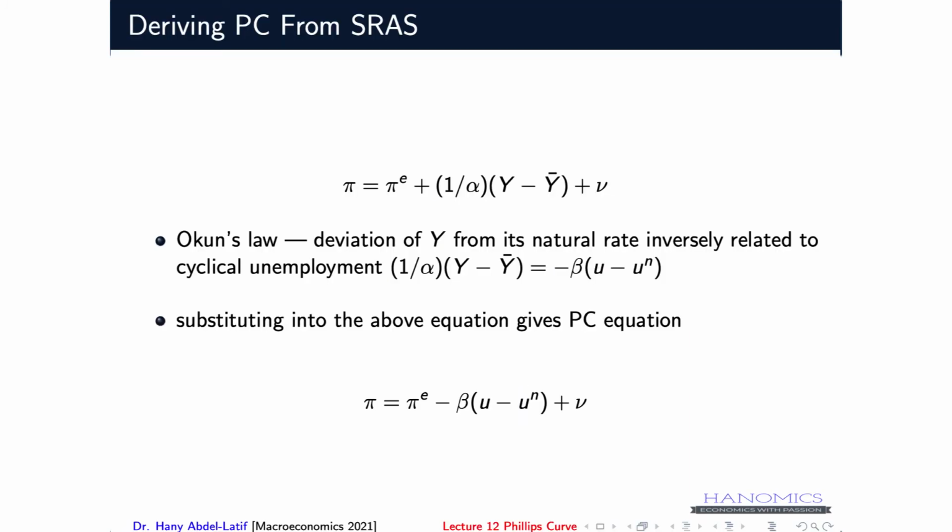So what we have here is mainly that the inflation rate depends on the expected inflation rate, and this is some kind of constant or exogenous parameter, and then we have the gap between the actual unemployment rate and the natural rate of unemployment, plus some sort of supply shock.